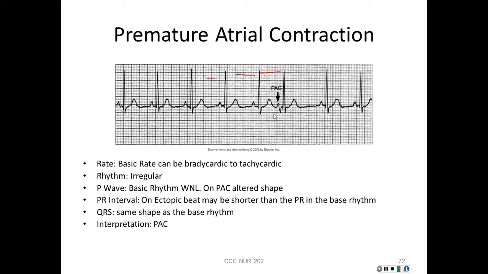If you look at this P wave compared to the other P waves, it's different. You notice that this one's what's called biphasic. It goes up, and then down below the baseline, and then back up to the baseline. So this one is early. Again, a PAC comes from the electrical stimulus coming from somewhere in the atrial tissue itself.